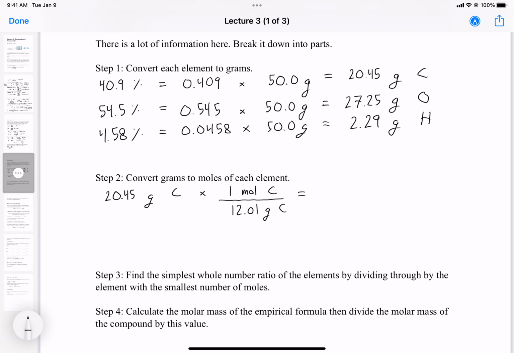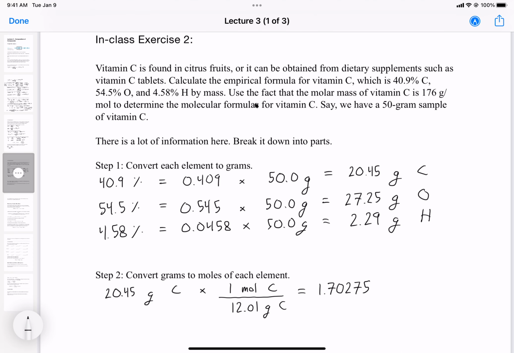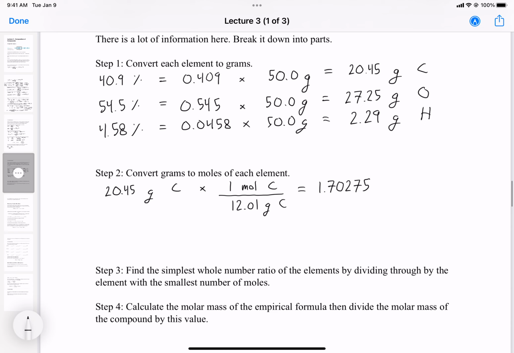And we get 1.70275. So let's just keep a few extra digits here. But if we know for a fact the percentages, we're probably going to use 3 sig figs.